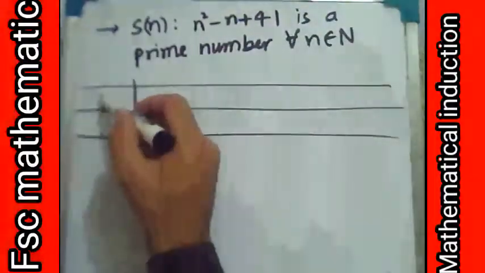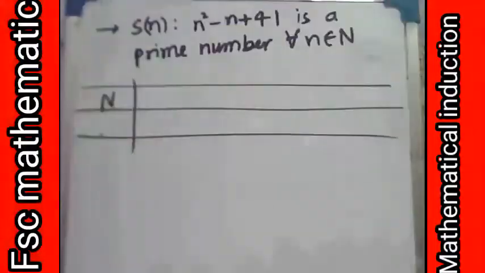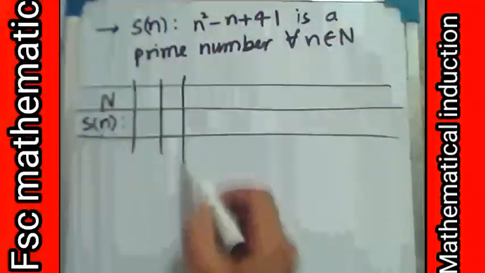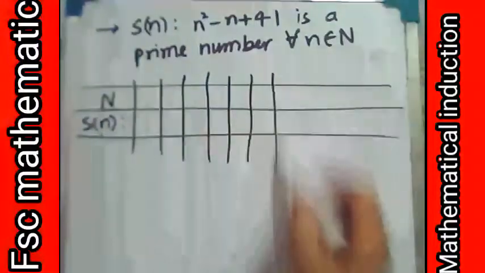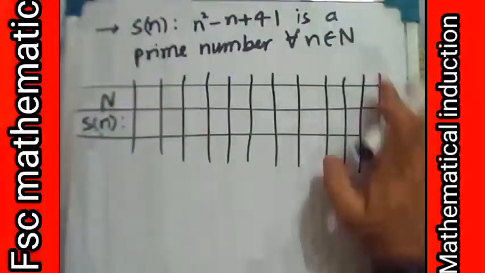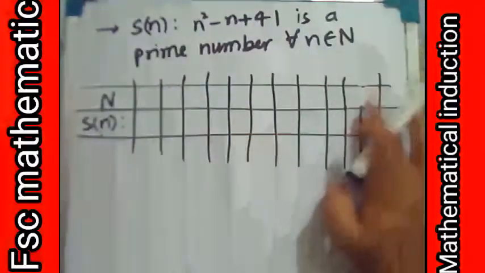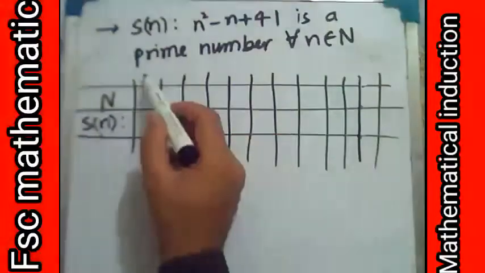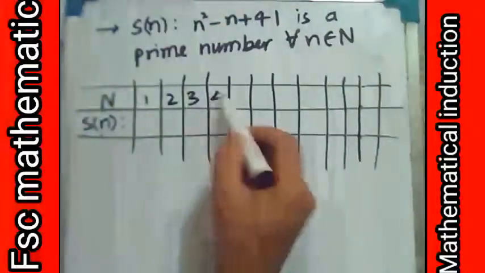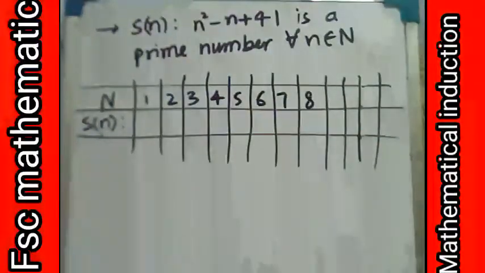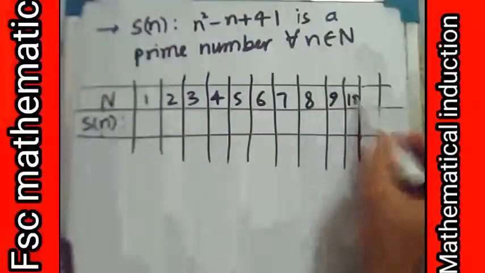The input is from the set of natural numbers, and the output S of n will produce values. The first natural number is 1, and we are going to substitute from 1 onward: 1, 2, 3, 4, 5, 6, 7, 8, and keep on substituting 9, 10, 11.